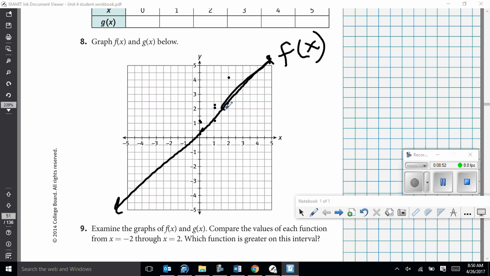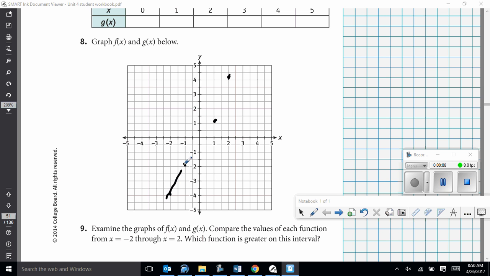Can't erase, no matter how many times. The units are going by half units, which is kind of confusing. So 1 is negative. Yeah, it's supposed to be here.